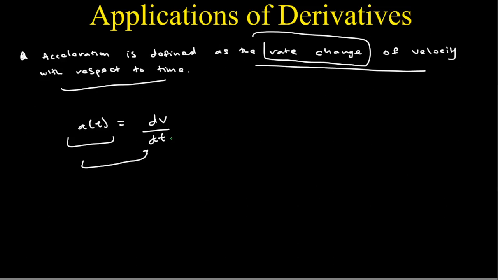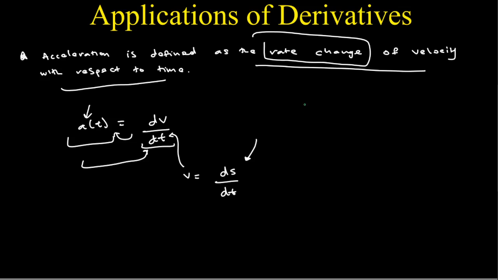So how do we arrive at that? We know that velocity is the derivative of displacement with respect to time, and the derivative of velocity with respect to time gives us acceleration. And if we look at things from the frame of our displacement function, all we're doing is taking the derivative of displacement once, and doing it again to find acceleration.